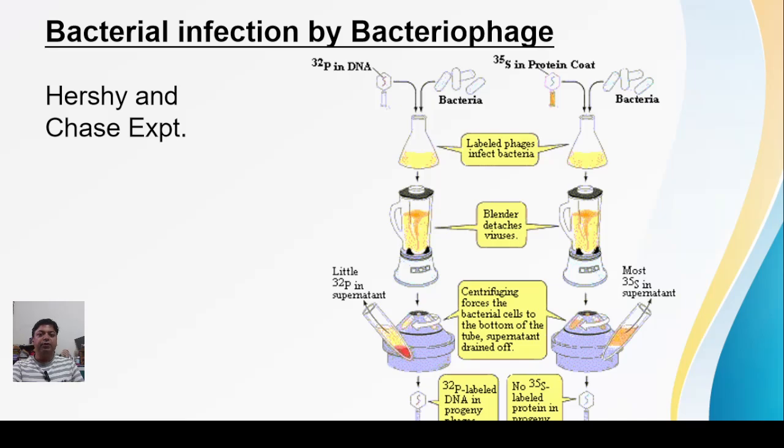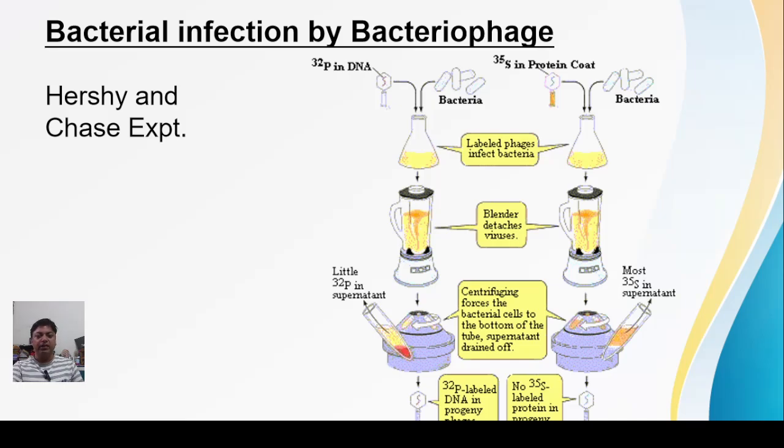Then one sample of bacteriophage was labeled with radioactive phosphorus 32P and another sample of bacteriophage was labeled with radioactive sulfur 35S. These two bacteriophage samples were independently added to bacterium culture and then they were immediately ground up to detach the viruses.